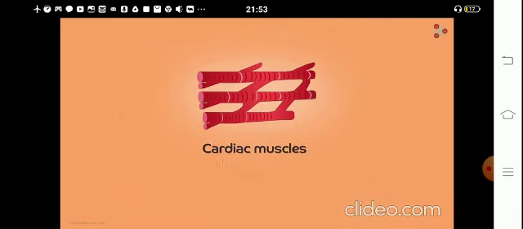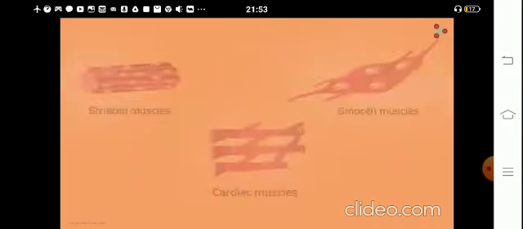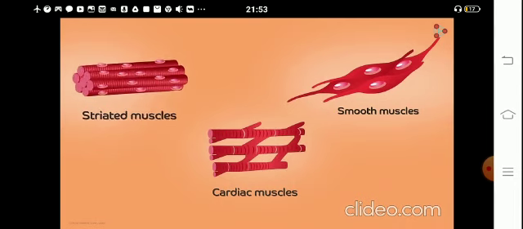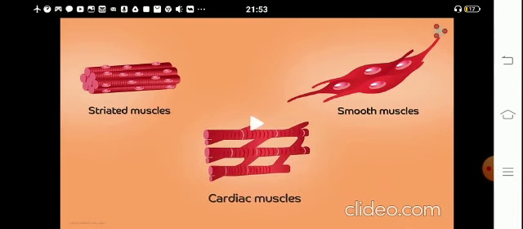Although they are involuntary in activity, their structure is like that of striated muscles partially. They are cylindrical and branched, but uninucleate in nature. These muscles perform rhythmic contraction and relaxation tirelessly throughout our life. Well, this was about the three major types of muscular tissues: the striated, smooth, and cardiac.